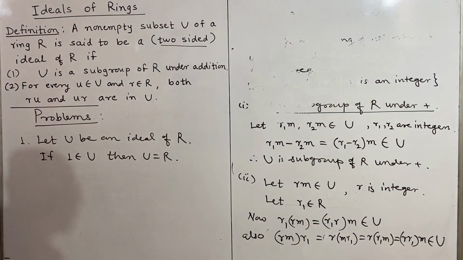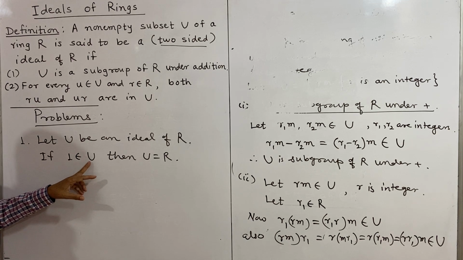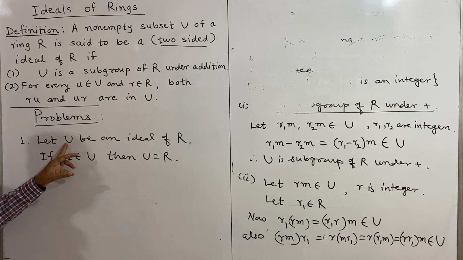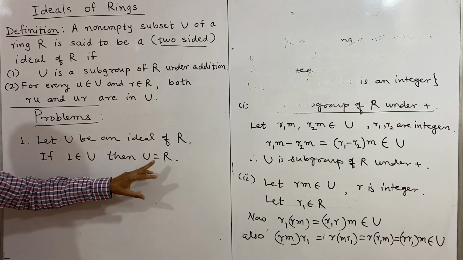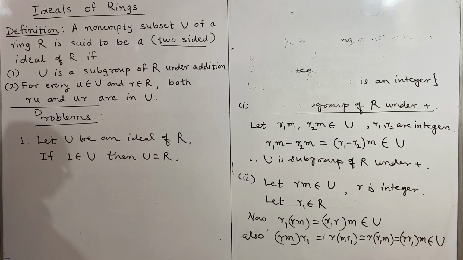This is the result. If U contains the unit element and U is an ideal of R, then that ideal is equal to the whole ring R. That is to be proved.